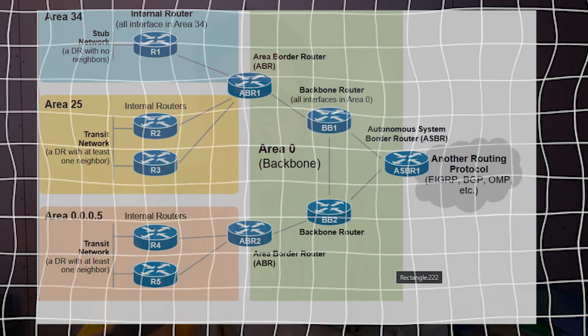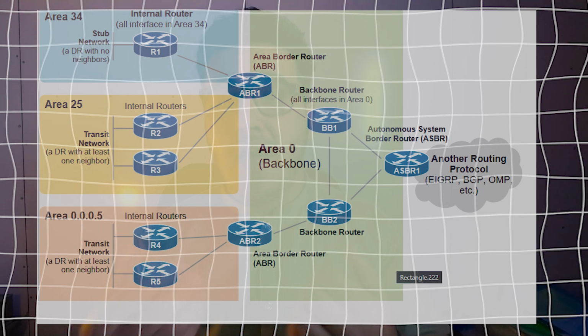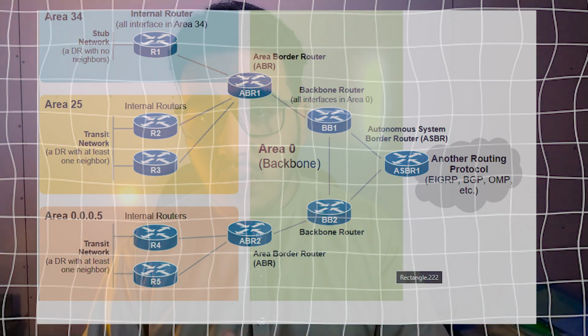When it wants to manage its network without getting messy, it divides its network into parts, which we call areas. The main or central area is called area 0, or the backbone area, and the other areas are sub-areas that should be connected to area 0.